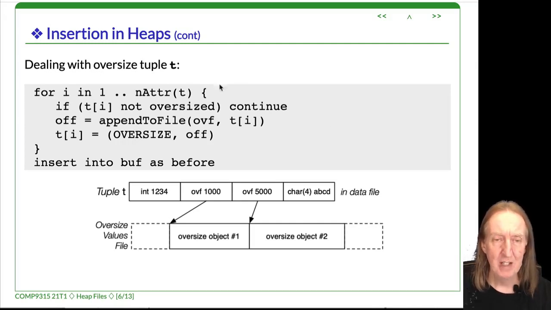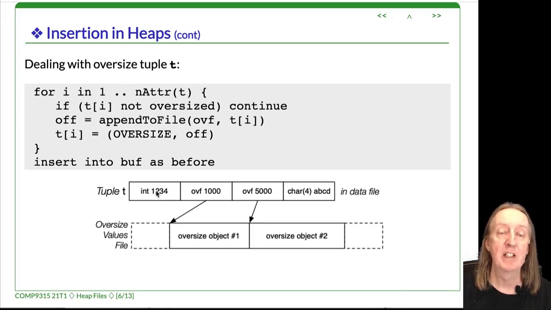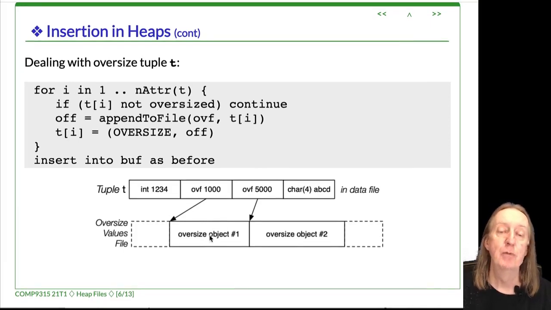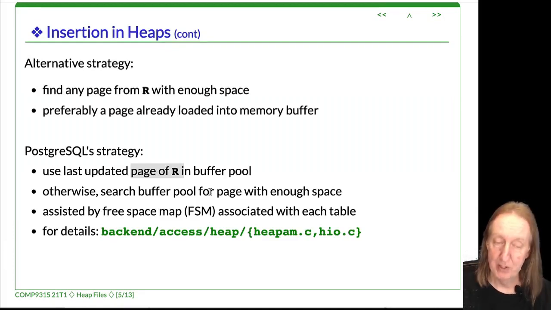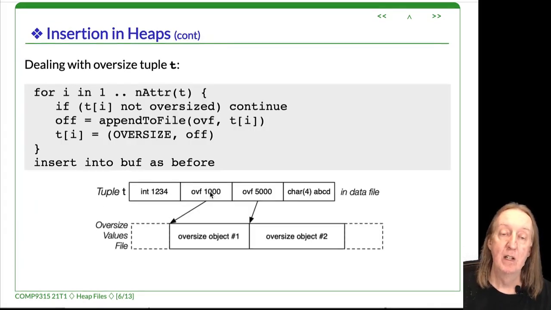So, if we do have a tuple that's oversized, then we need to scan through looking at the individual attributes. If we see something like an int, well, that clearly fits. But if we see a very large value, then we can't store it in the tuple directly. So we put it in an oversized values file and then put a marker into the tuple that tells us where the object has been placed in the oversized values file.